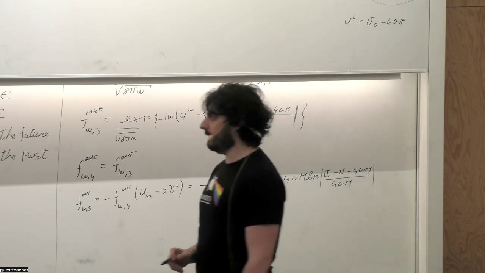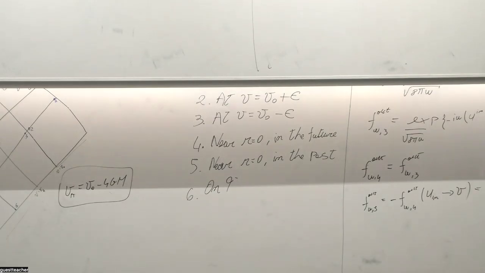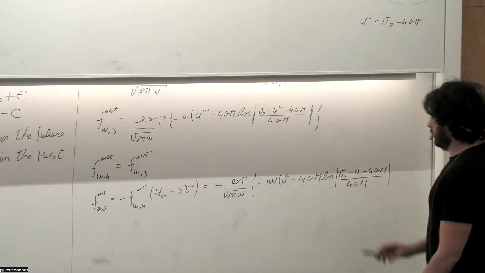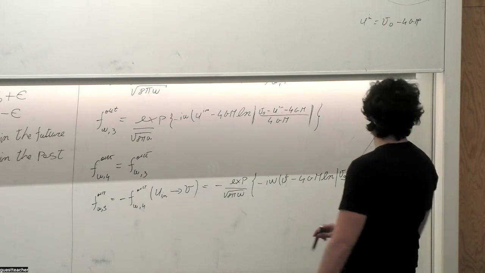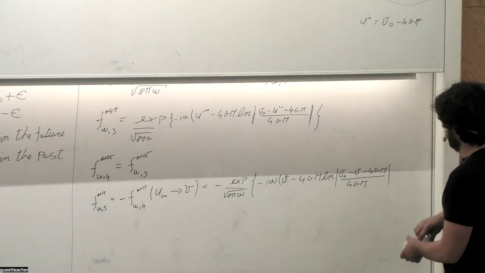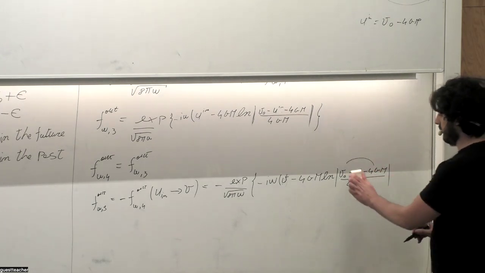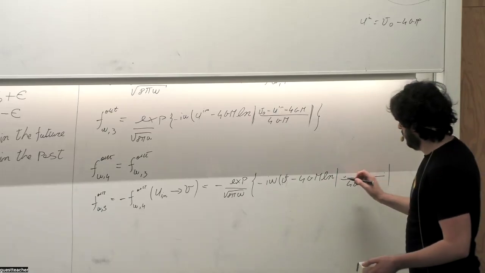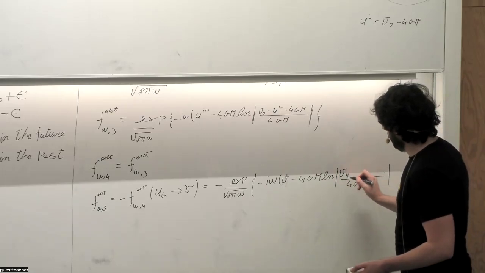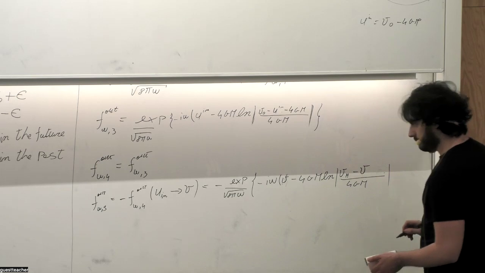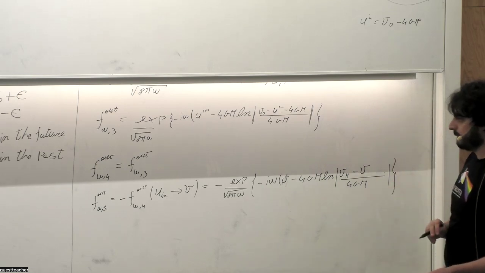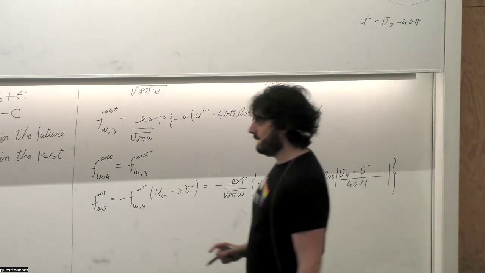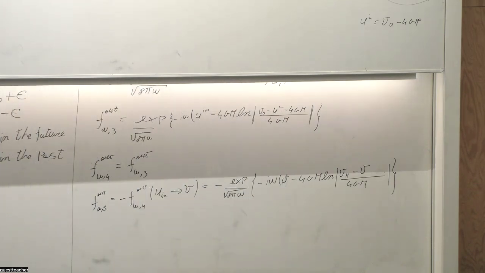Now note that v naught minus 4GM is just v horizon. So I can rewrite this to simplify: this plus this is v horizon, right? So I can rewrite this as vh minus v. We have the point at 5.